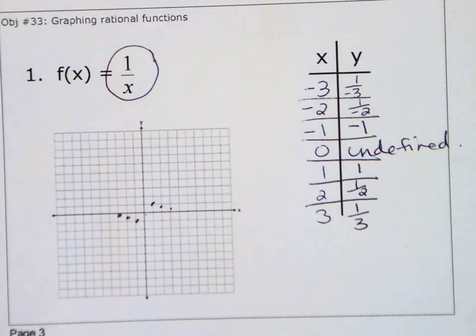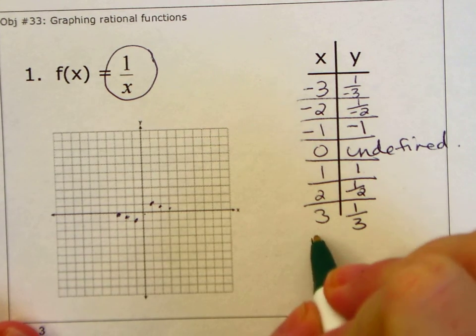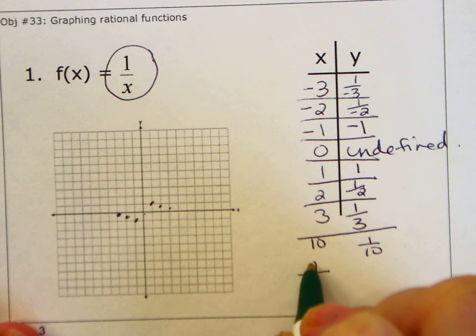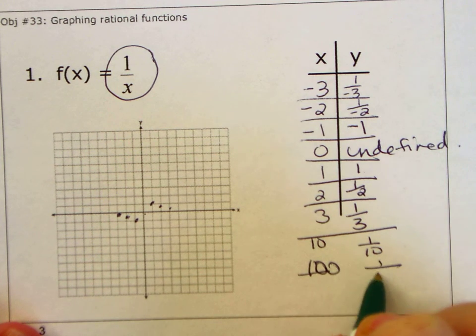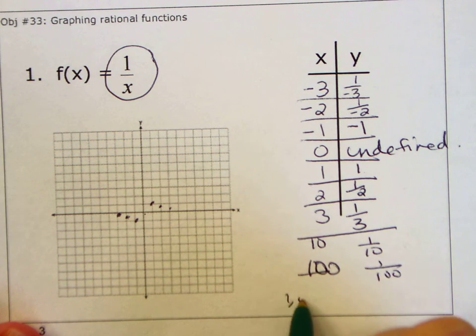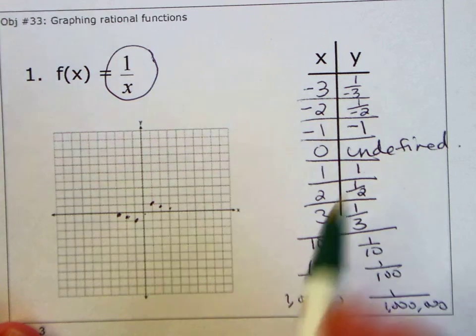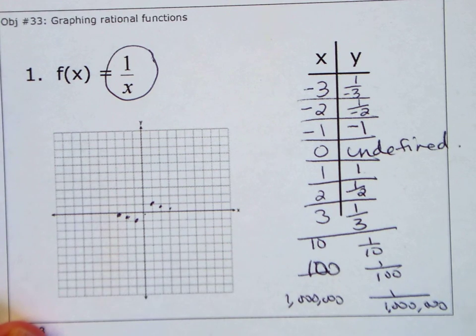Okay, so let's think of the extreme numbers. What happens if I plugged in 10? That's 1 over 10. 100. Whoops, 100 would be 1 over 100. A million. 1 over a million. So what's happening as the x's get really big? The y value is getting really little. 1 over a billion. 1 over a trillion.